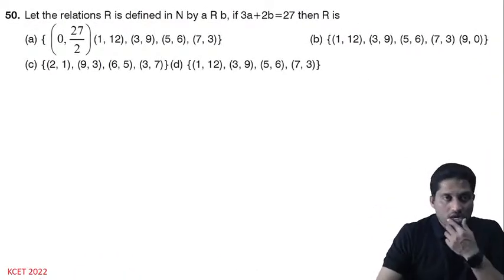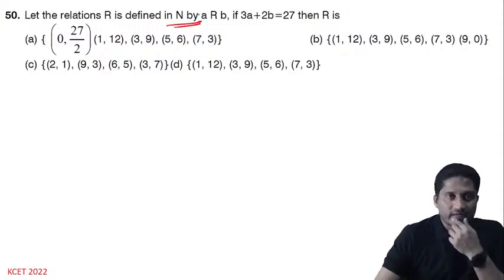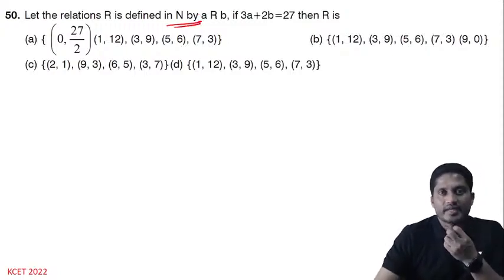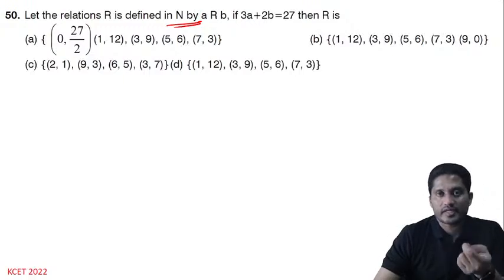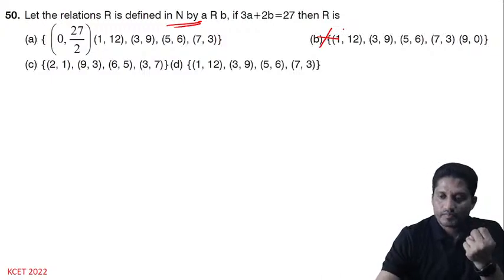Question number 50. N is a natural number, right? Let R be a relation defined in N by a related to b. So it should be a relation on natural numbers. This is not possible because 0 is there.